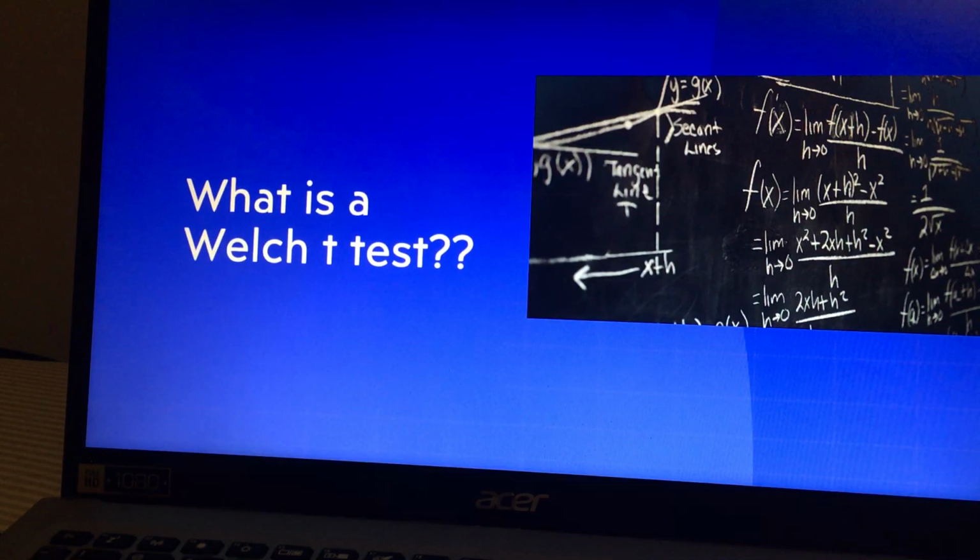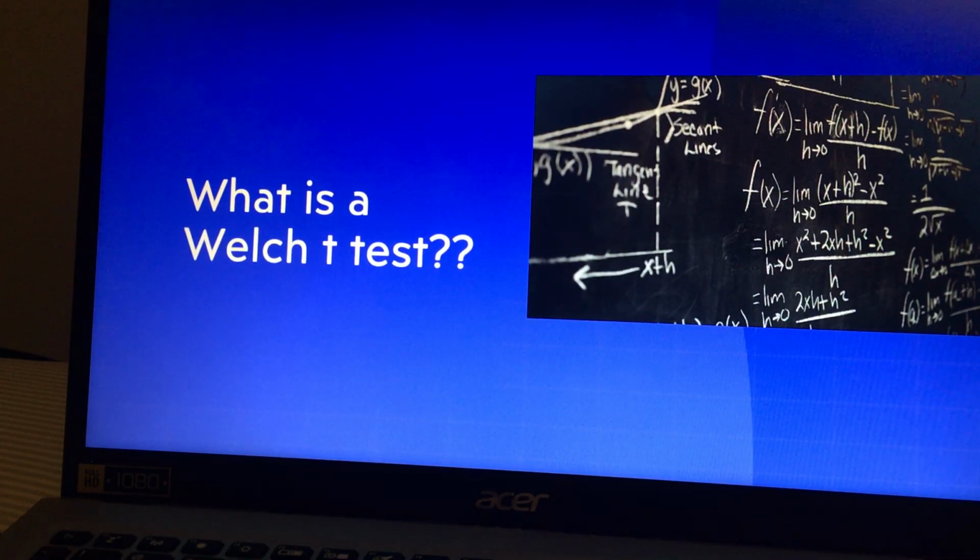And so in this section on the Welch t-test, we are going to talk about a variation on the student t-test that does not have the assumption of equal variance. So the assumptions of the Welch t-test are very similar to those made by the student t-test, except that the Welch test does not assume the homogeneity of variance.